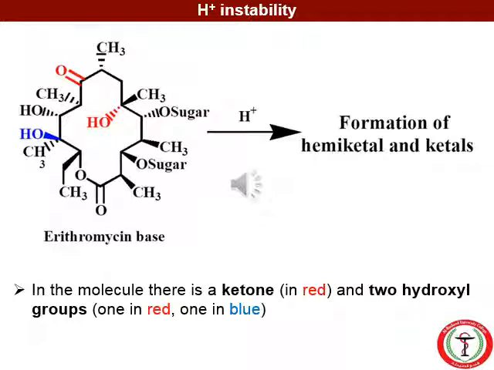Before I explain the formation of hemiketals and ketals, I would like to draw your attention to the structure of the erythromycin base, which contains a ketone group in red at the top left and two hydroxyl groups in red and blue. The ketone and hydroxyl groups play the key role in the formation of hemiketals and ketals that cause acid instability.